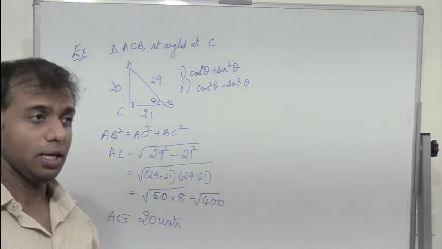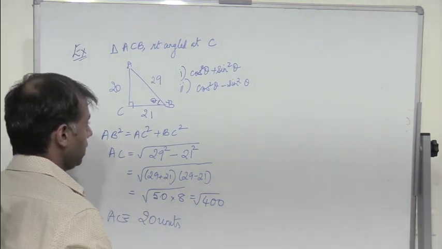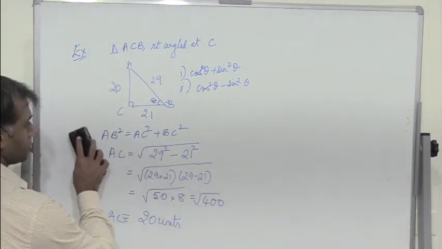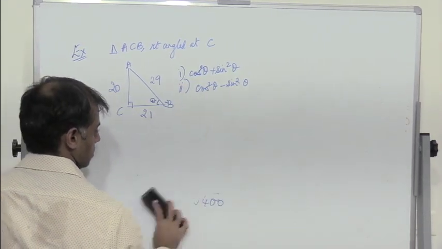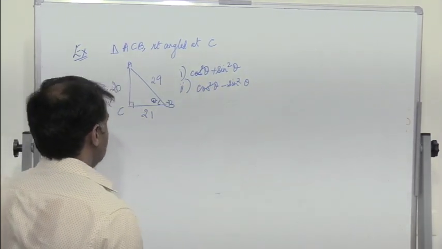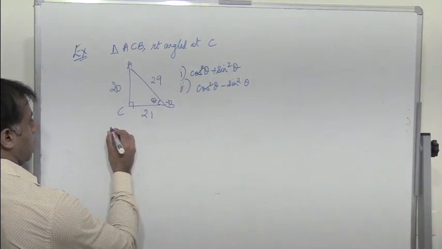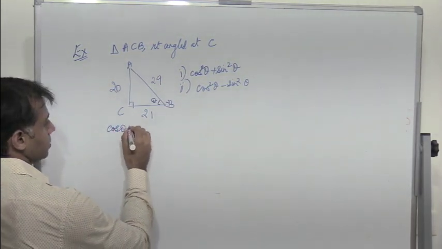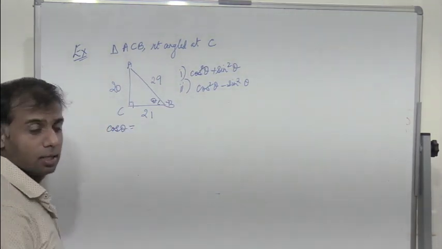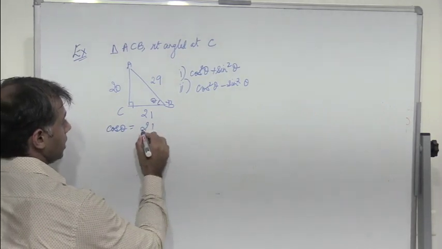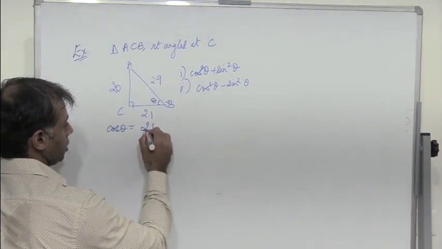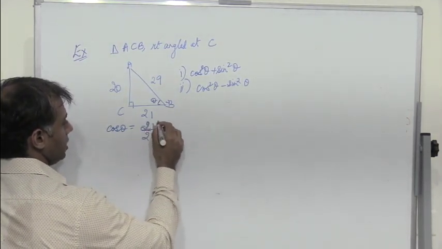Right? So once the value of AC is known, we can find the value of cos and sin. So what is cos theta? It is adjacent side, which is 21 divided by 29 hypotenuse. And what is sin theta?